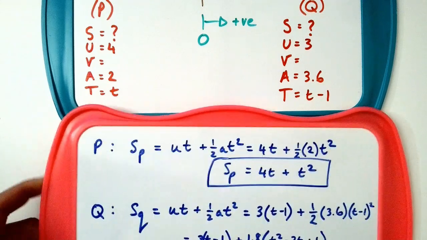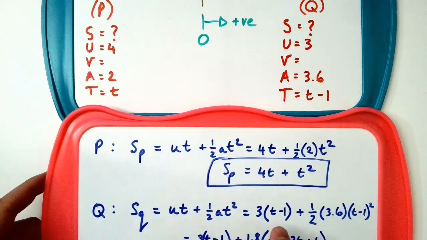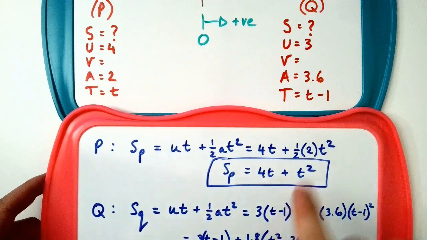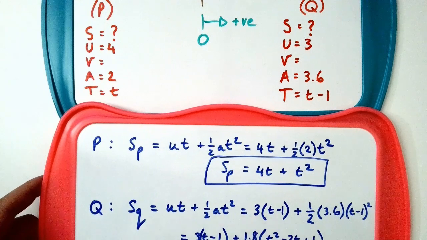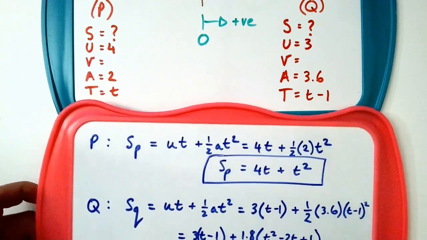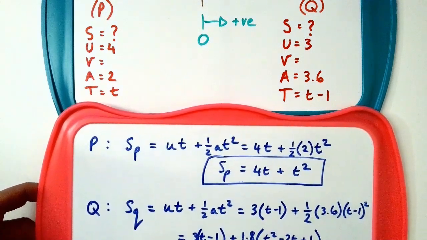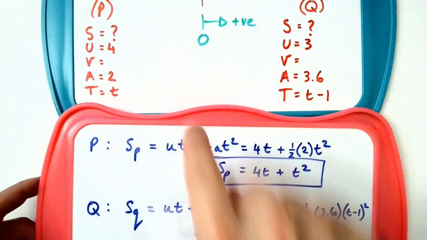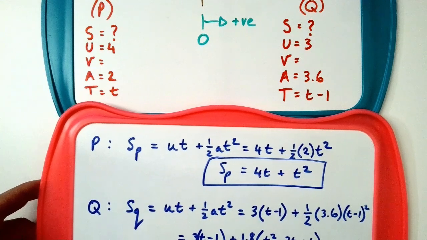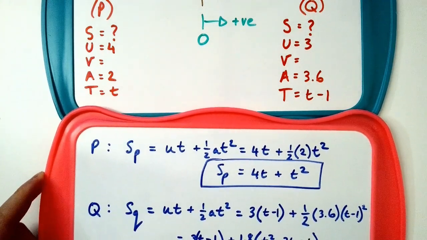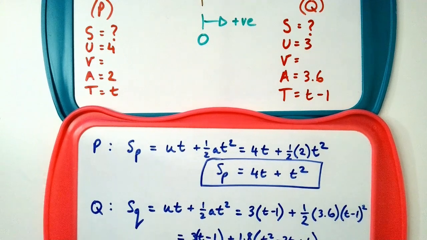If we were to do ut plus half at squared with just a t, if t equals 1 when Q is passing point A, then that would have a non-zero value. But we know that displacement at the point A is 0 because that's how we've defined it. Therefore it's a contradiction. So we need this t minus 1 in order to satisfy the equation. I hope that makes sense.